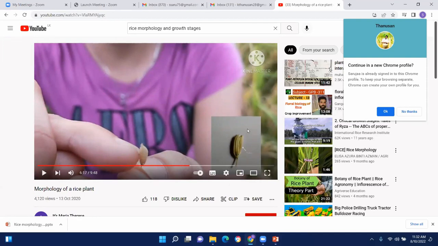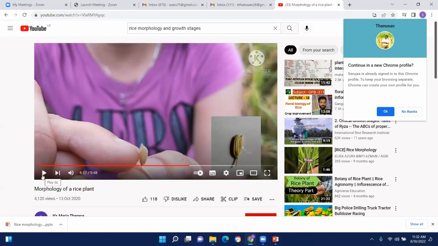Here I have some pictures. You can see this is the palea and this is the lemma. Otherwise you can search in Google and get a big, clear picture. Then only you can understand what is the lemma and what is the palea.